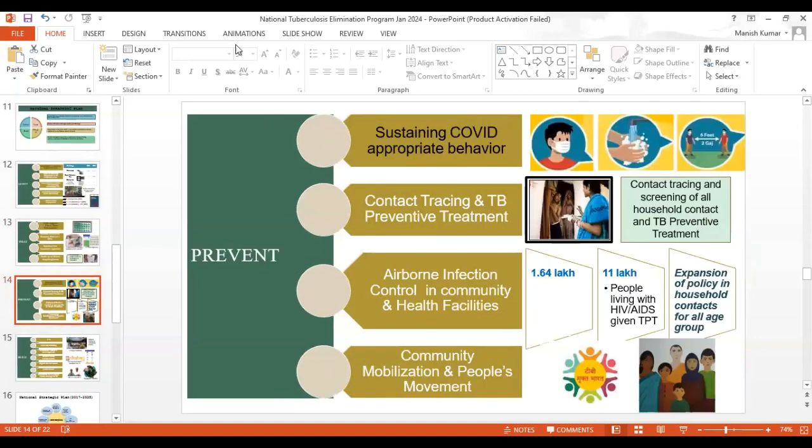On prevention, this was launched during COVID. Sustaining COVID appropriate behavior, we are still having those cases coming up. It covers contact tracing and TB preventive treatment, airborne infection control in community and health facilities, and community mobilization and people's movement.